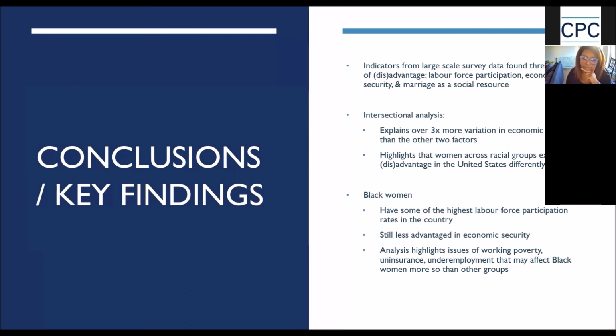Compared to white women, Black women have lower advantage scores in the economic security factor. This then suggests that there's a continued need to address issues of working poverty, Black women not having health insurance, and being underemployed.